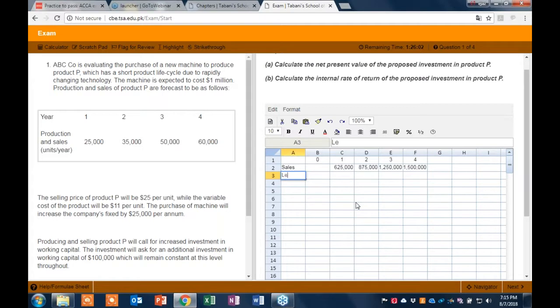Then from this figure, we need to deduct our operating cash flows, and the first operating cash flow figure will be for the variable cost. So I'll just put down the 25,000 sales volume for the first year, and I will multiply it with the variable cost for each year, and we'll do the same as I did in case of the sales volume.